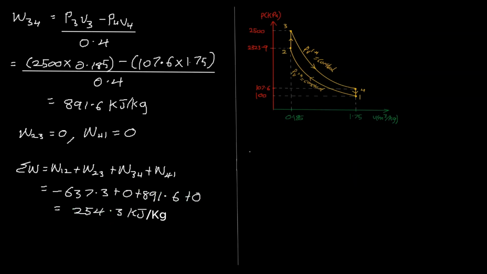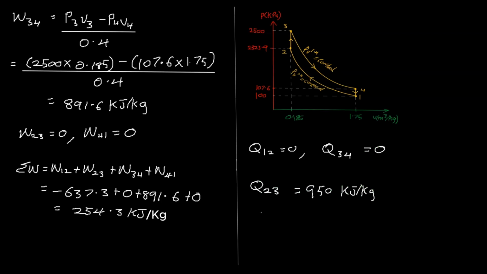To calculate the heat transfer of the air during process 4, for both of the adiabatic processes, the heat transfer is equal to 0. So Q12 equals 0 and Q34 equals 0. For the second process, process 2-3, we were told 950 kilojoules per kg of heat was transferred to the air. So Q23 equals 950 kilojoules per kg.